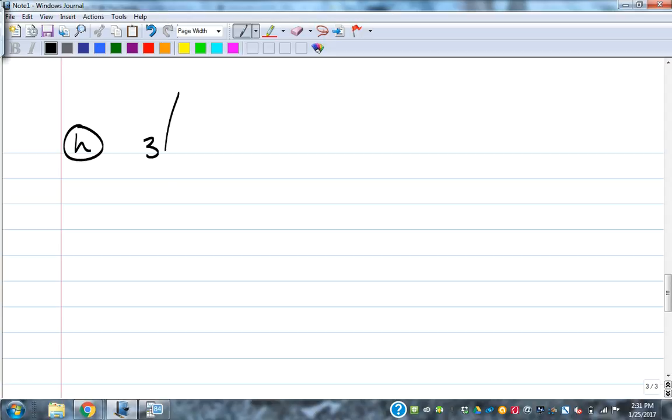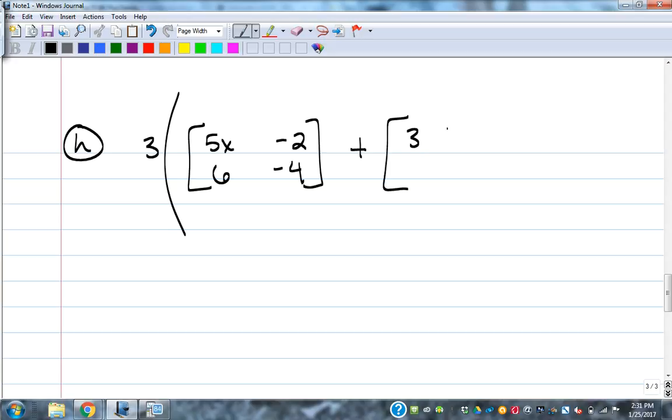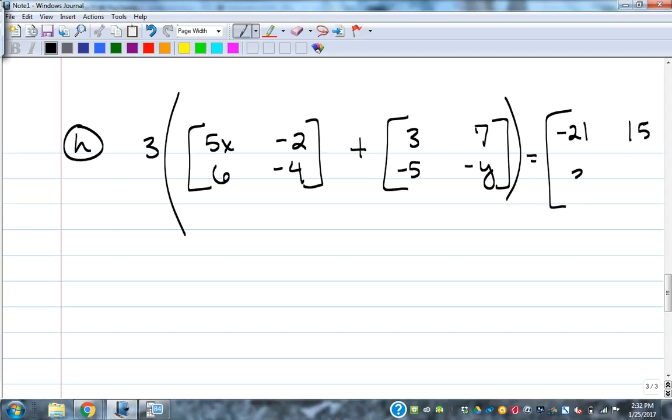So 3 parentheses, big set of parentheses, because there's matrices inside. 5x, negative 2, 6, negative 4, close the parentheses, plus 3, 7, negative 5, negative y, okay, and then close the parentheses. Equals negative 21, 15, 3, negative 24.